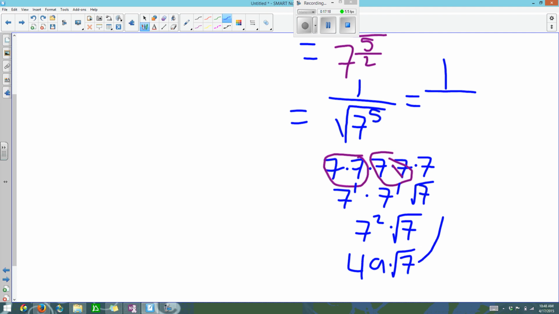That will go right here. So I'll write it. 49 square root of 7. You can't have a square root at the bottom. Right, I can't have a square root in a denominator, so I have to multiply top and bottom by only the square root of 7. You don't have to multiply by the 49.